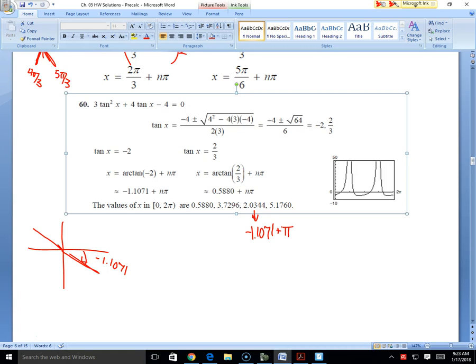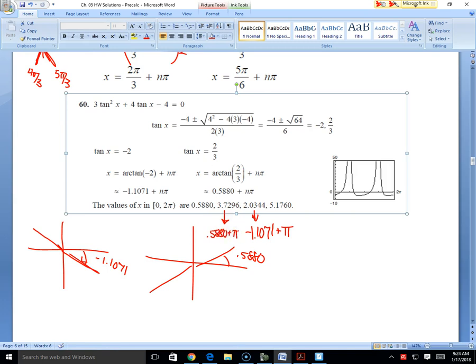And when I got the 0.5880, that would have been tangent positive in the first quadrant. But I also would have needed the third quadrant. And how do I get over there, guys? Add. Yeah, just go halfway. Add pi. So adding pi to that guy would have been this guy, 0.5880.